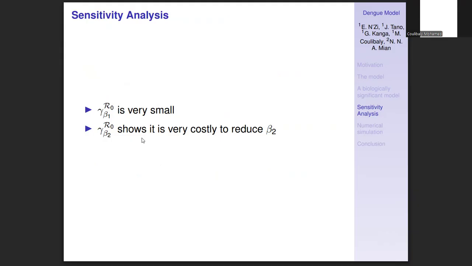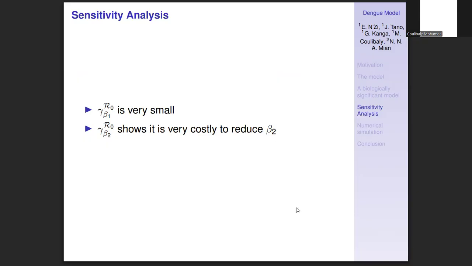If you reduce beta 1, a small reduction in beta 1 gives a very great reduction in the reproduction rate. But we have not shown the same thing with beta 2, the second transmission rate, because it's very costly when we make our computations. It's very costly to reduce beta 2.